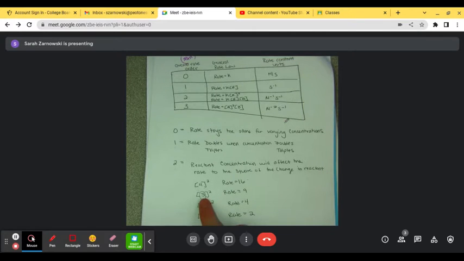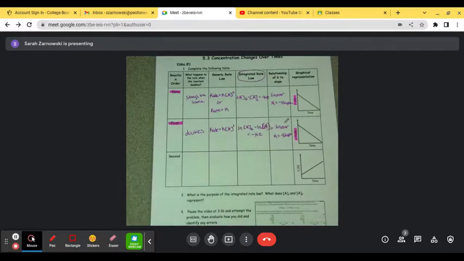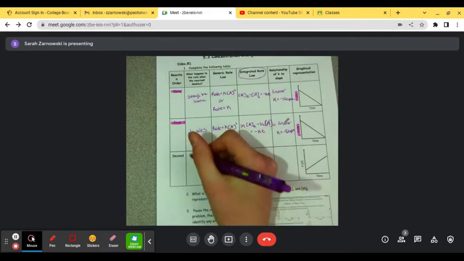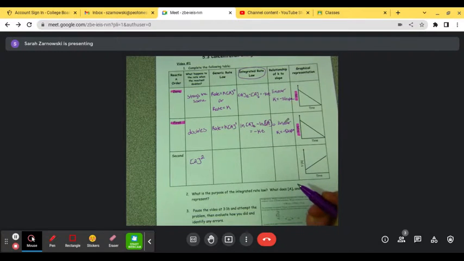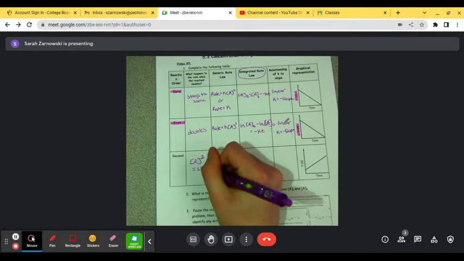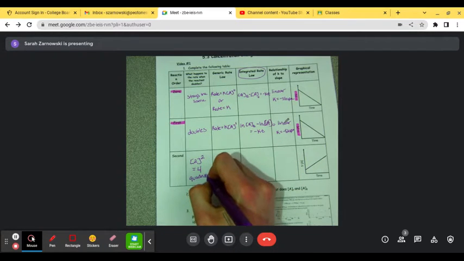Let's say your concentration is tripled. You do 3 squared, the rate's going to increase by 9. So since it doubled, that means my concentration is 2. We raise it to the power of 2. That means my rate had to increase by a factor of 4, or it quadruples.